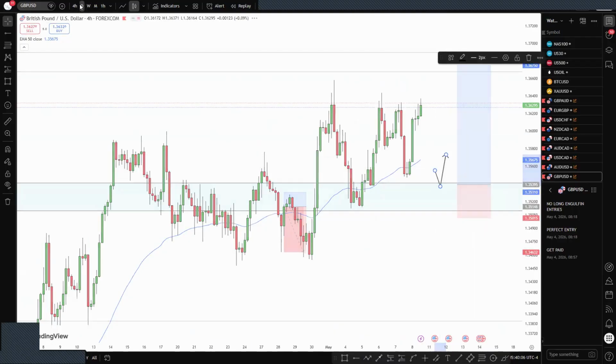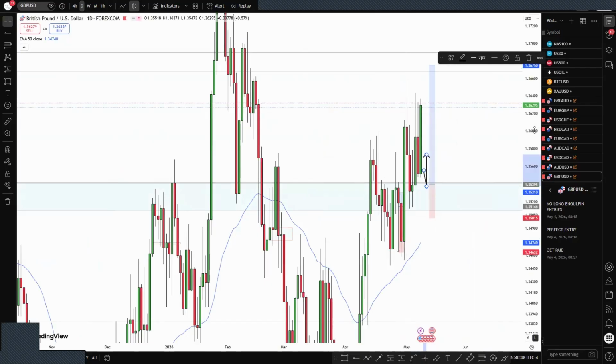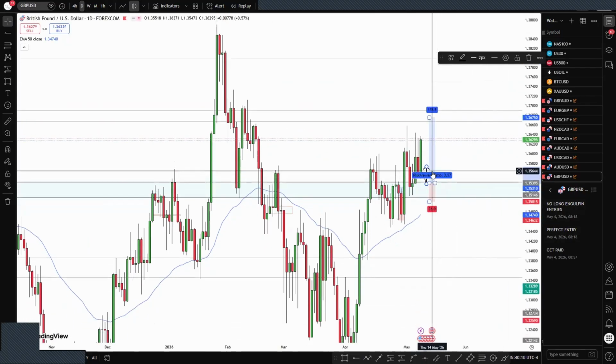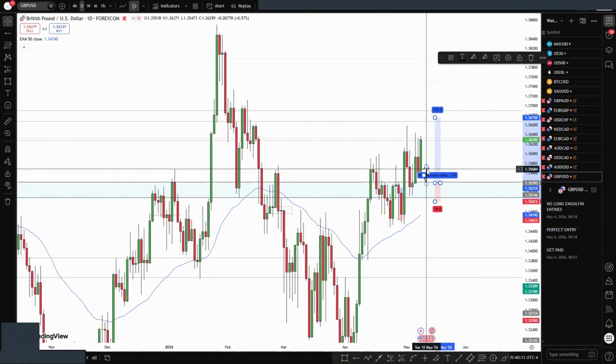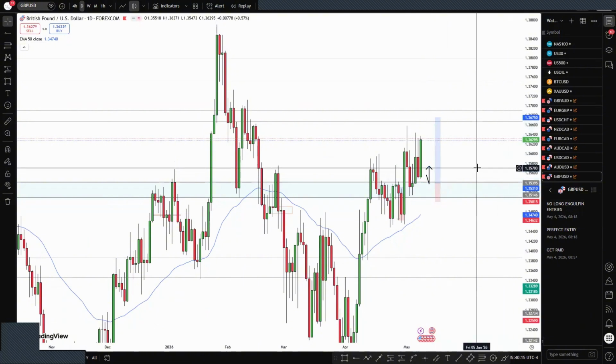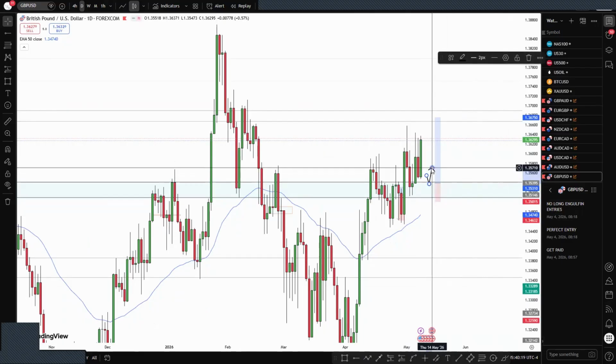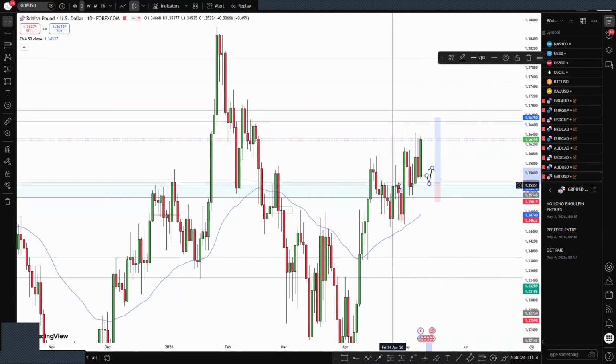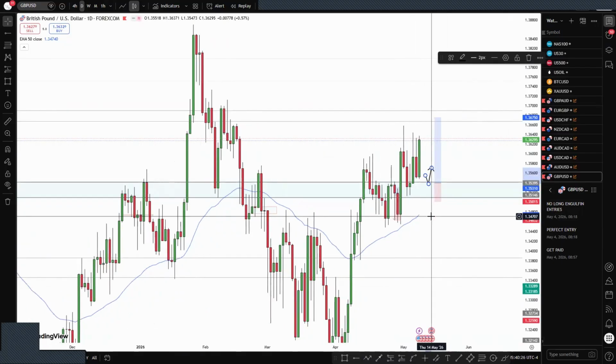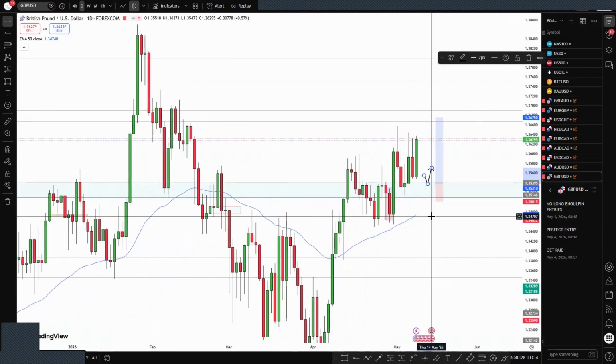So these are the only two pairs I might not add on to next week. These USD pairs, because this one was the most clean. That was the cleanest trade I had last week, and it ended up just doing the opposite.